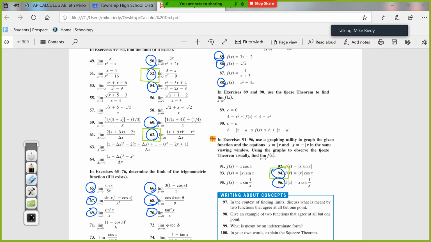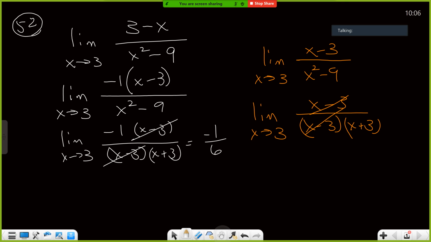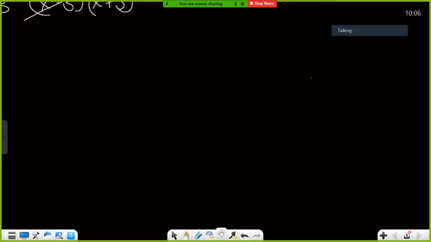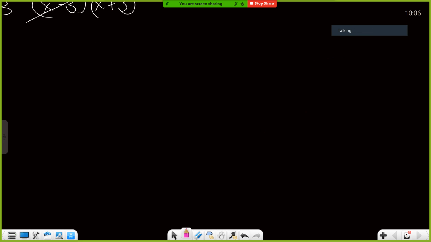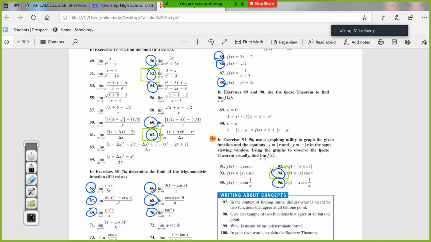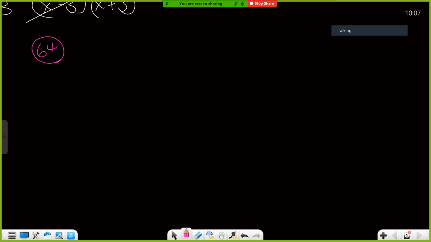Simple problem. 62, however, all of a sudden some delta x's show up there. And I want to talk a little bit about that one. Let's change colors. Okay, I have a short attention span. 62: x plus delta x squared minus x squared over delta x.